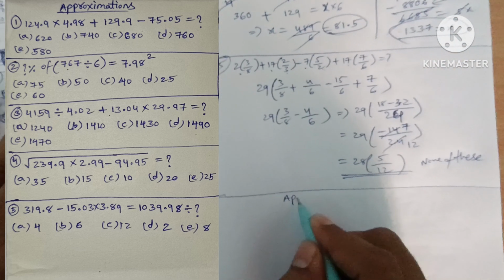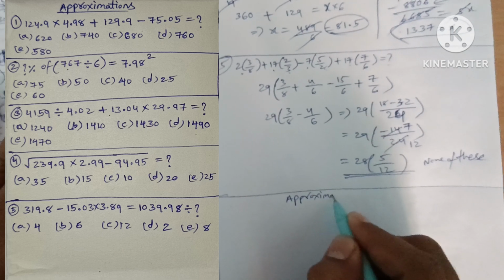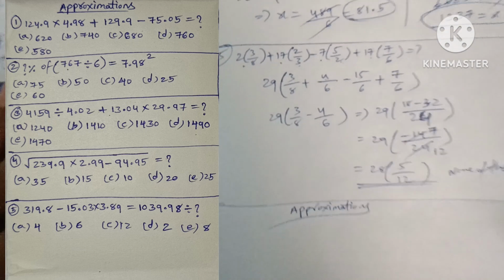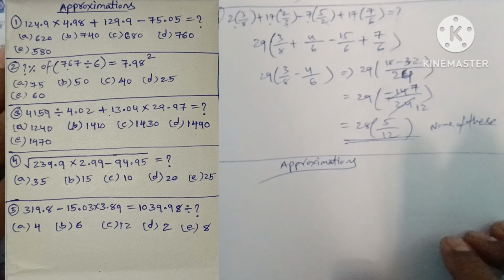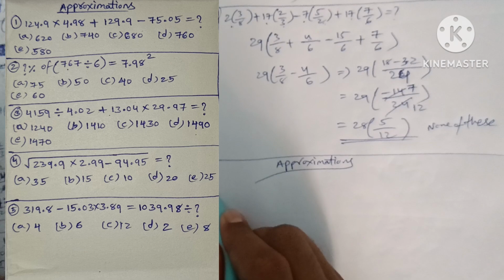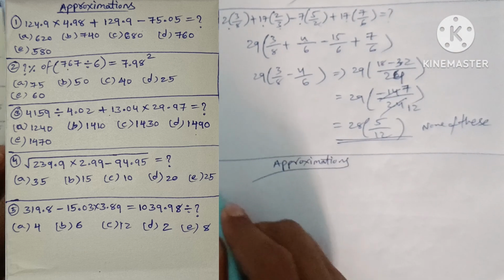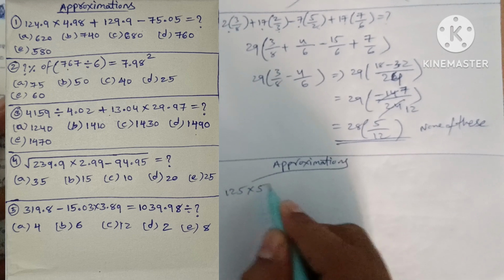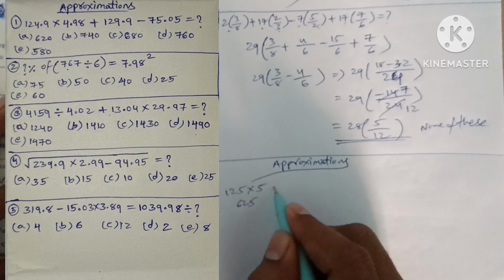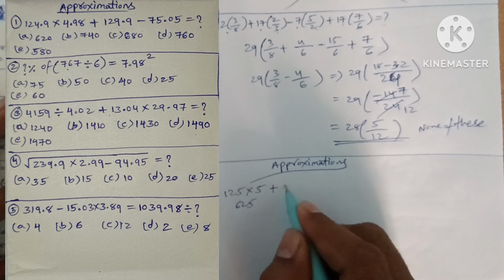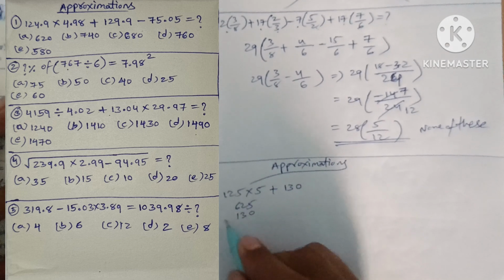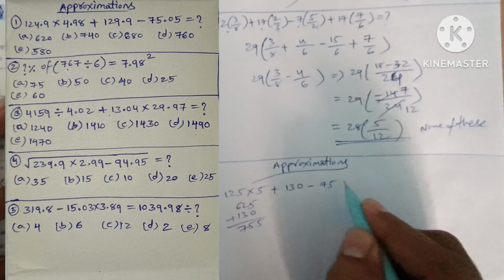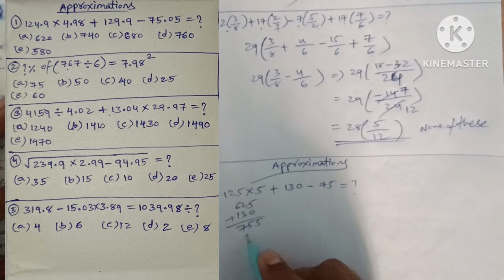Now we go for the approximations. Question number 1: 124.9 means 125 into 4.98 means 5, which is 625, plus 129.9, which is 130, 755, minus 75.5, which is 75, equals question mark.